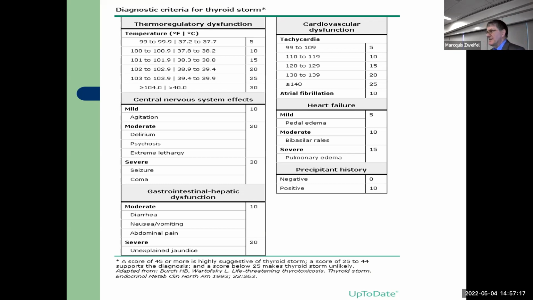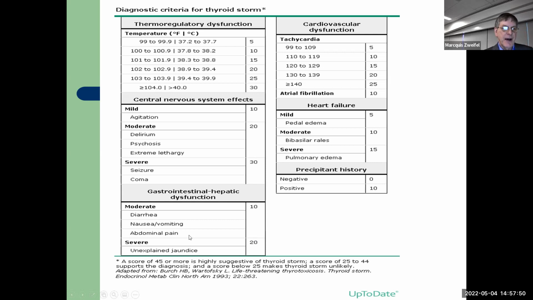It drives me nuts a little bit, because if you look at this, okay, and you have somebody in the ICU, they're sick, okay? So a lot of them will be febrile. Well, look here, even just over 100, and you've got 10 points already. Agitation, mild. A lot of our ICU patients, 10 more points. So we're at 20 for nothing.